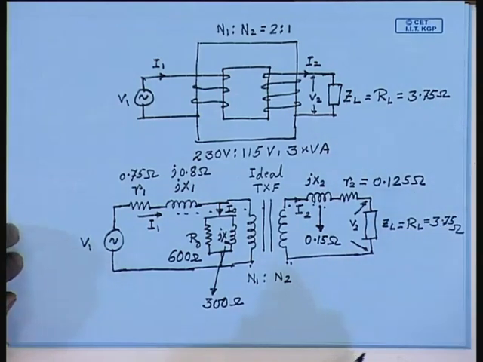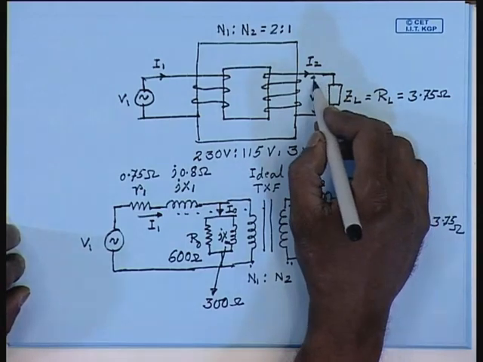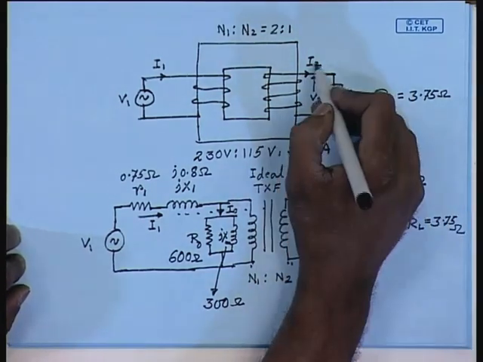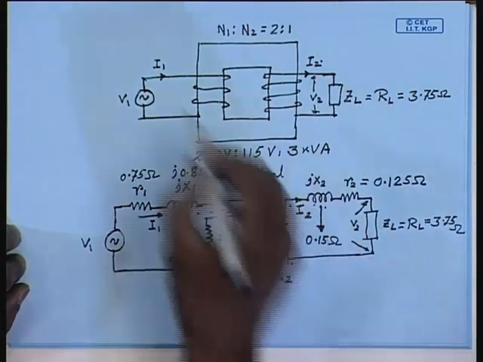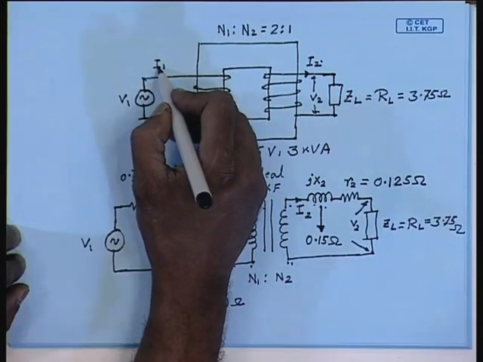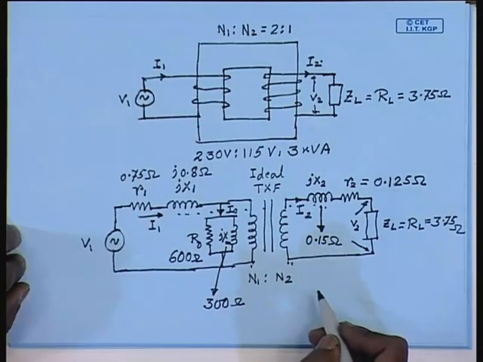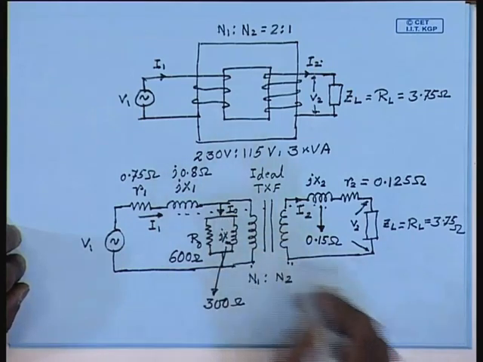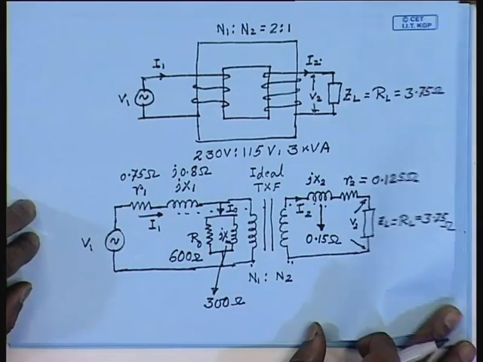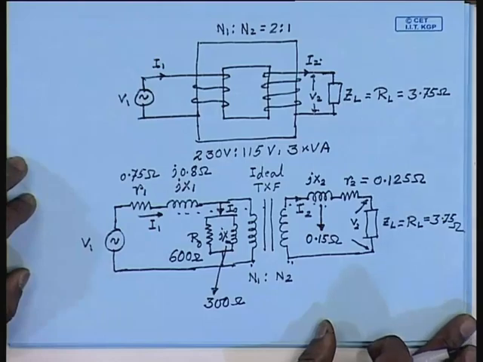The problem is to find out what will be the load terminal voltage V2, what will be the load current I2, what will be the current drawn from the source I1 and what will be the no load current I0. How are we going to solve this problem?